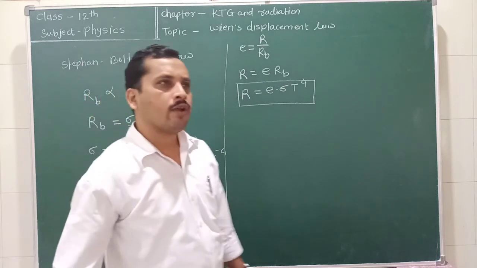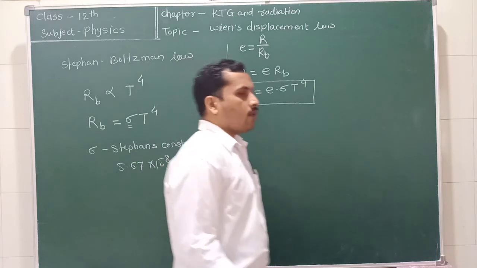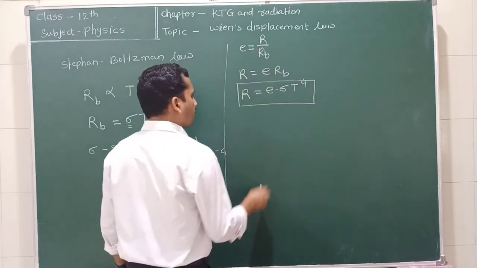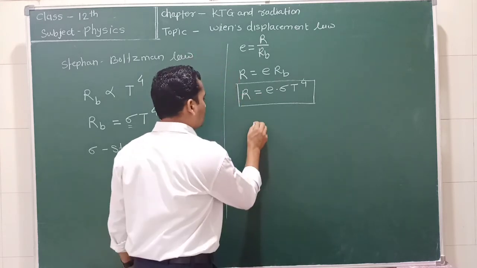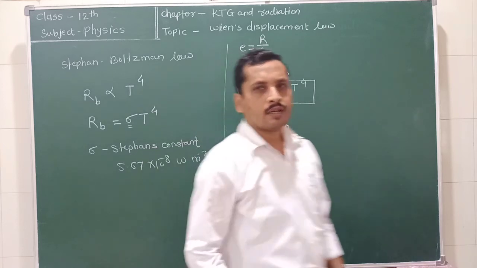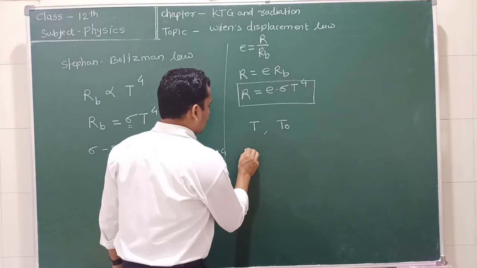Now, suppose we are given a surrounding temperature T0. For example, a perfectly black body having absolute temperature T is kept in a surrounding having temperature T0. Then what is the energy emitted?